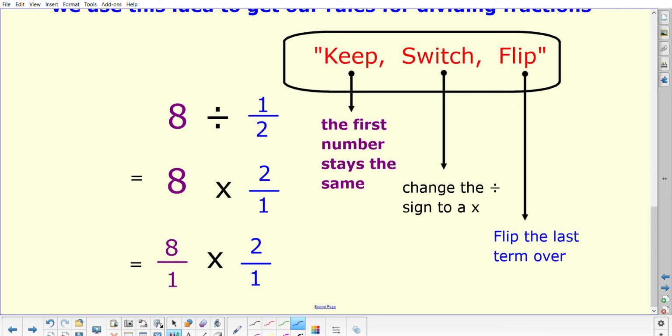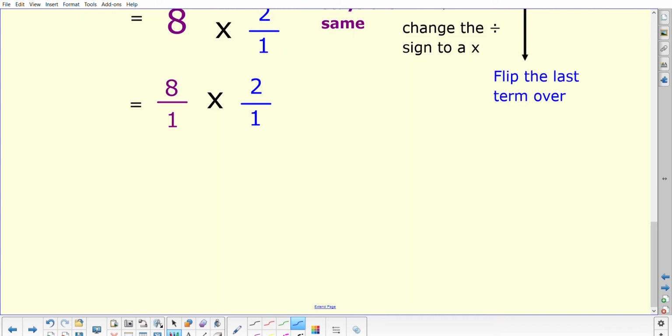Now it doesn't quite look like our fraction multiplication yet, but as we know, the whole number 8 can be written as 8 over 1. Once we've done that, there's no cancelling to do here, so we're just doing 8 times 2 on the top, 1 times 1 on the bottom, so 16 over 1, but we know that that would give us the answer of 16.